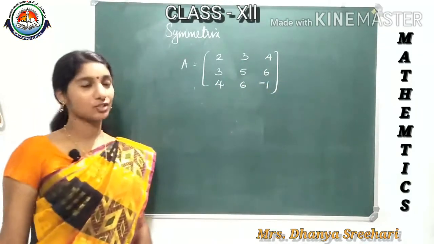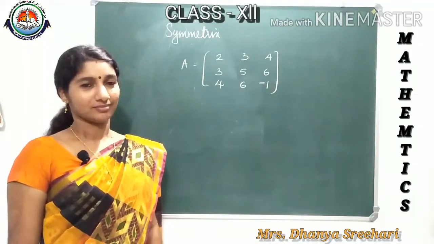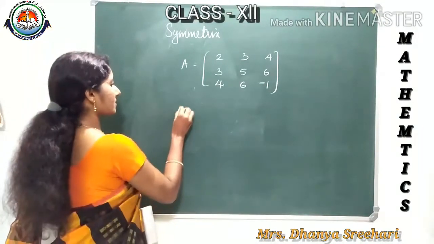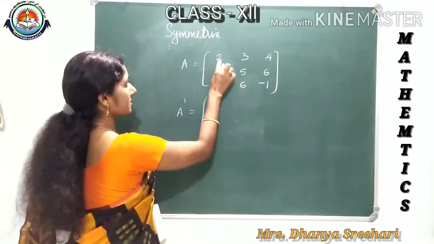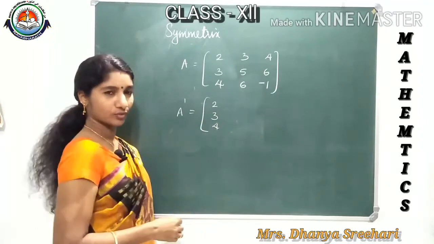One matrix is given: 2, 3, 4, 3, 5, 6 and 4, 6, minus 1. What is A transpose? Find A transpose. First row becomes first column. So it is 2, 3, 4.